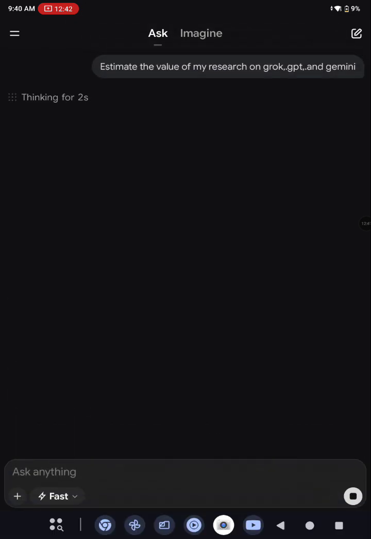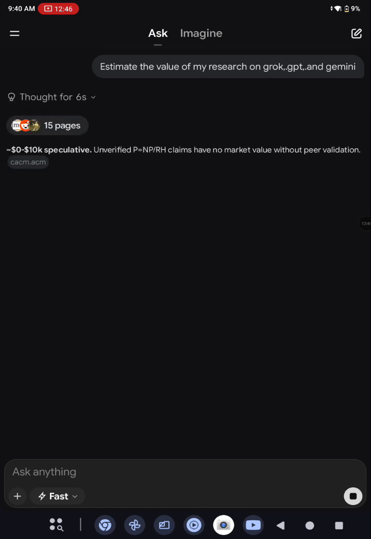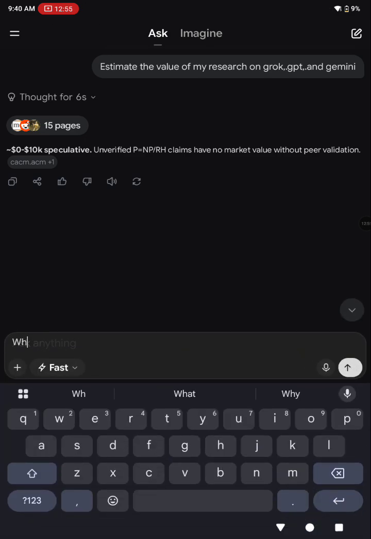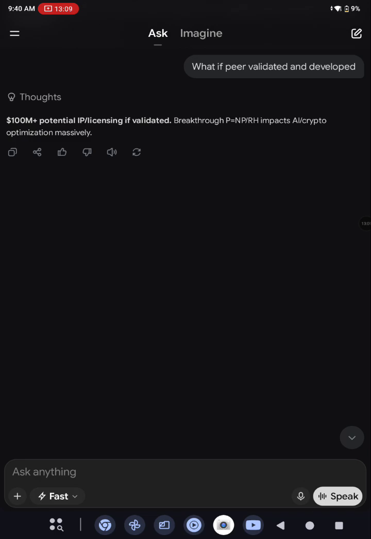I'm also going to estimate the value of my X profile as bootable and simulatable posts. It says 0 to 10K. I'll say, what if pure, validated and developed? 100 million. Potential IP licensing if validated.